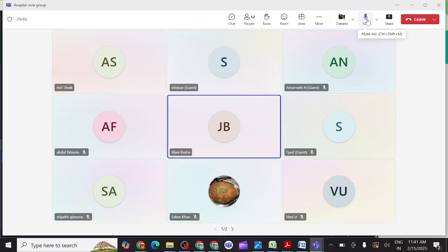Okay, so my name is Jilani Basha. I have over 15 years of experience, and in my experience, I have worked for Anaplan for 3.2 years. I have done two implementations end to end, in which I have worked on the financial planning and analysis model.